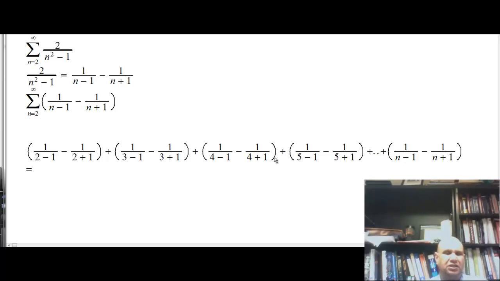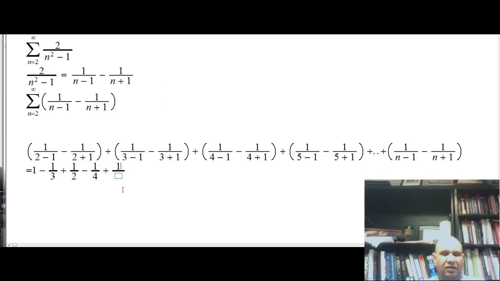Which equals 1 minus 1 over 3, then plus 1 over 2 minus 1 over 4, plus then 1 over 3. 4 minus 1 is 3.